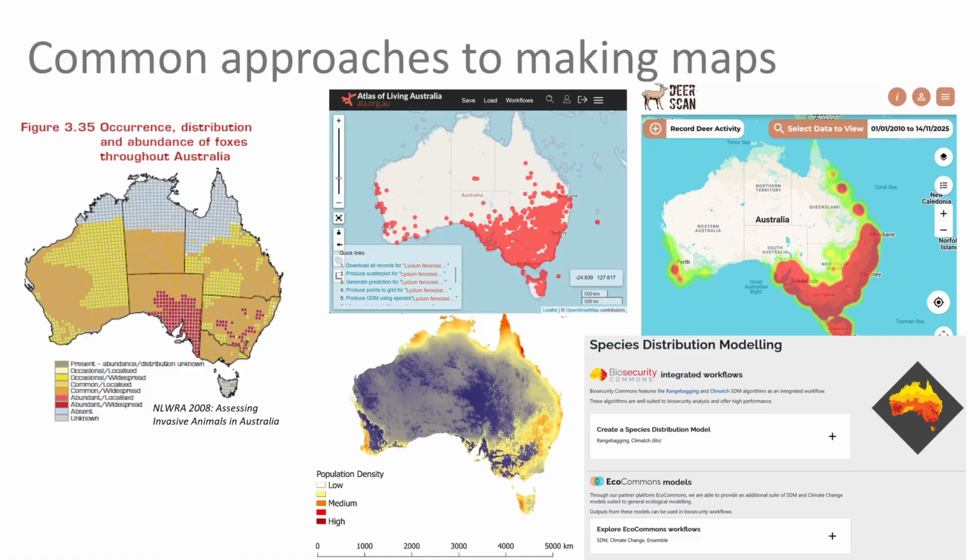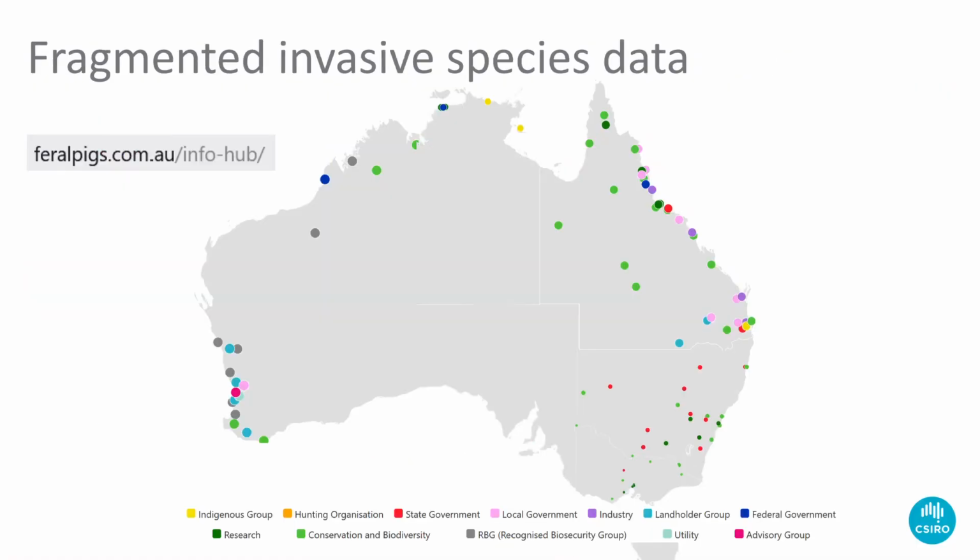Nowadays, there are user-friendly tools to fit such models, for example, in the Biosecurity Commons or EcoCommons platforms, and even in the ALA itself. Ultimately, all data-driven approaches rely on good data coverage, and they treat all observations basically the same.